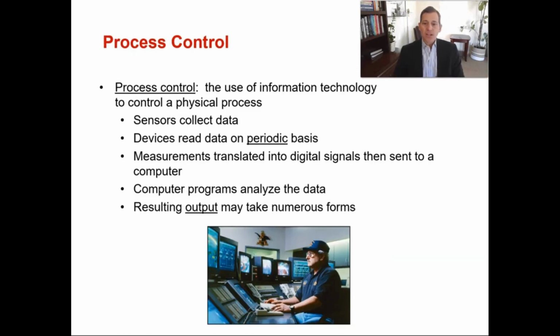All right, next is process control. This helps with real-time monitoring and controlling of processes. It's the use of information technology to control a physical process. So you can see the guy at the bottom of the screen. He's sitting in a room, and if you pay close attention, you can see he's in an Anheuser-Busch facility. So he's manufacturing beer.